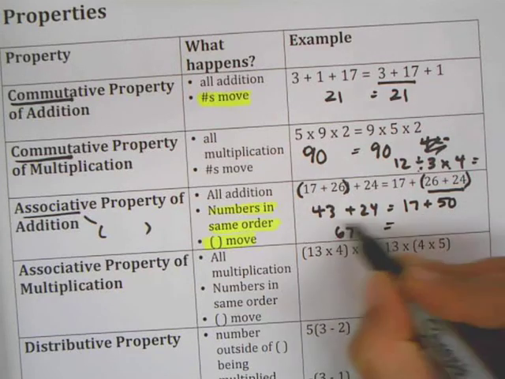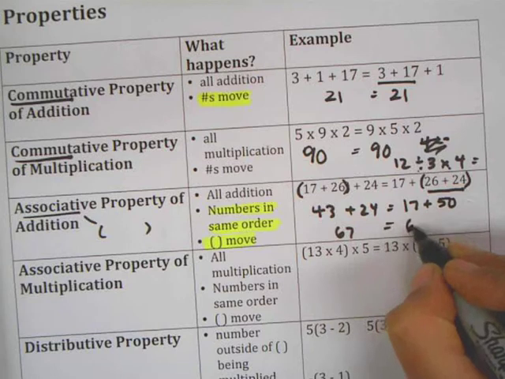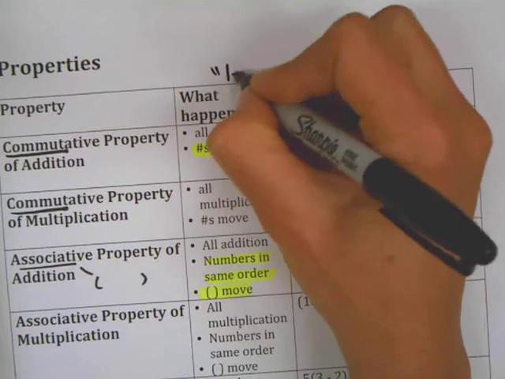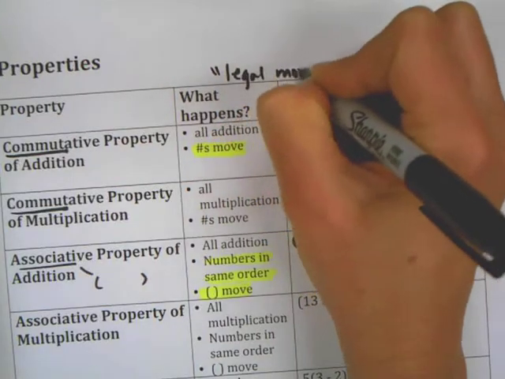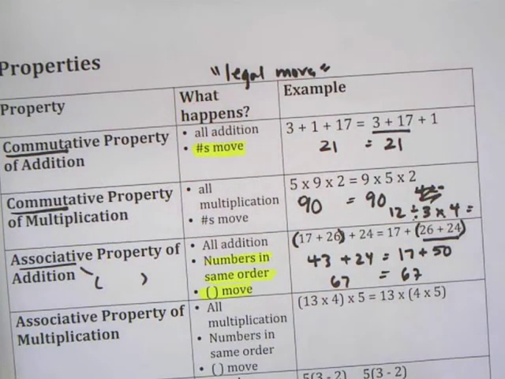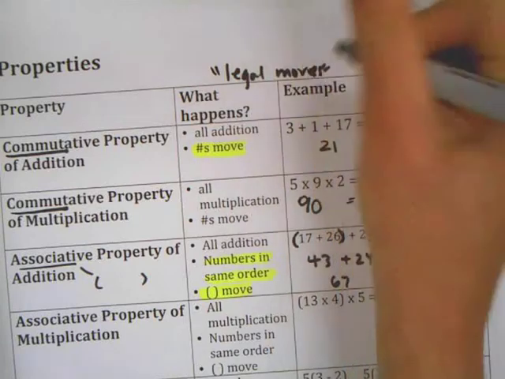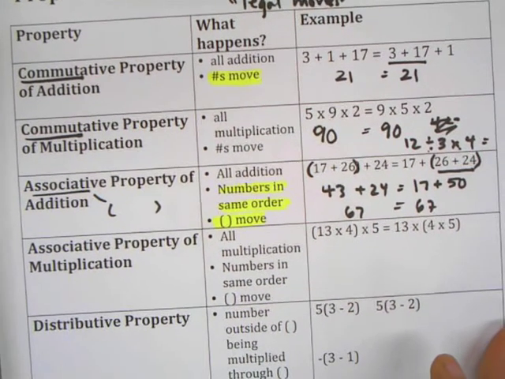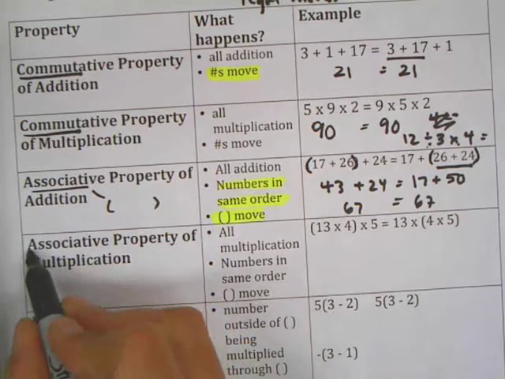And it's a lot easier to add 17 plus 50 than it was to do this math. So once again, with these properties, you're going to get the same answer. That's why they're what we call legal moves. Okay, so the things you can do mathematically, but they just help you to simplify and justify your stuff.